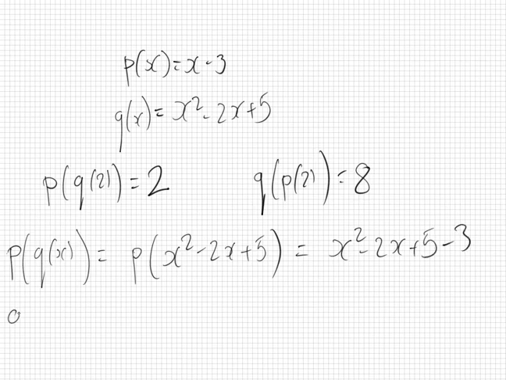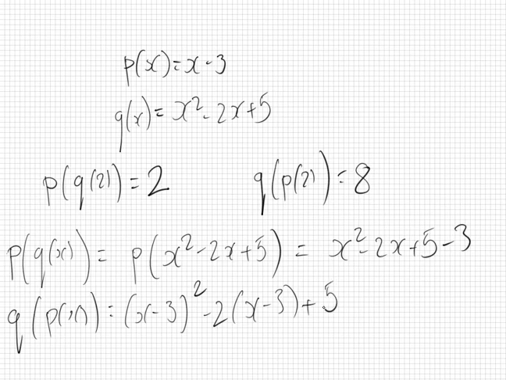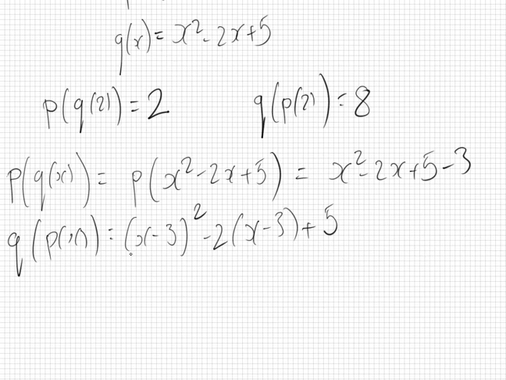And then the opposite way now, putting the P into the Q. So x minus 3 goes into the Q. So you have x minus 3 squared minus 2 times x minus 3 plus 5. That'll be x squared minus 6x plus 9 minus 2x plus 6 plus 5.